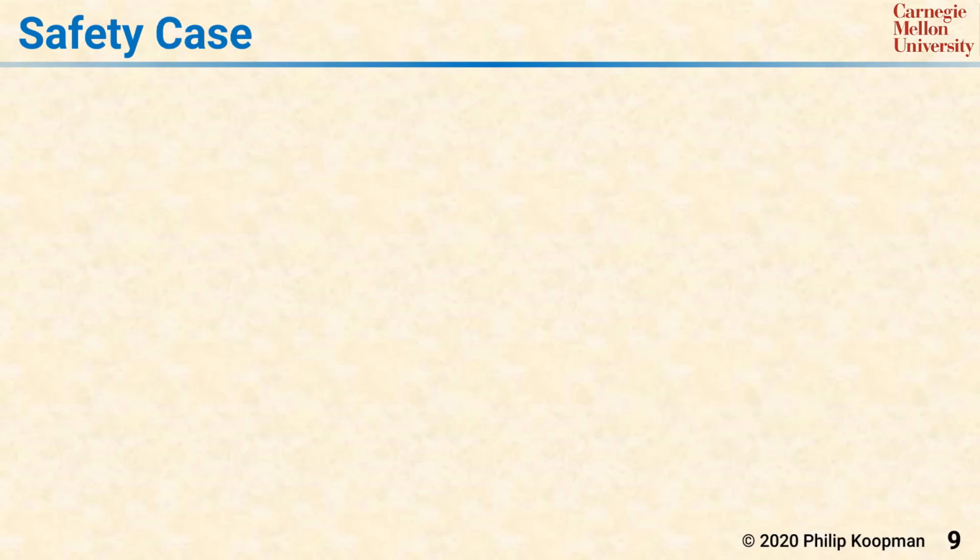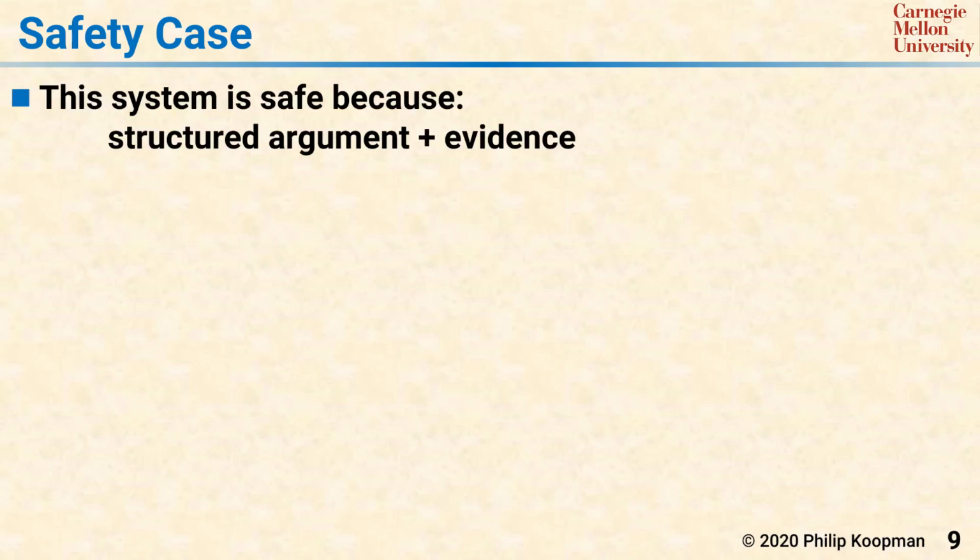The cycle of identifying hazards, creating safety goals, and mitigating risk results in a safety case being generated. The safety case demonstrates that a system must be safe because of a combination of a structured argument and evidence to support that argument. The argument can include use of design elements, use of rigorous engineering processes, and use of certified components in a system, among other things.